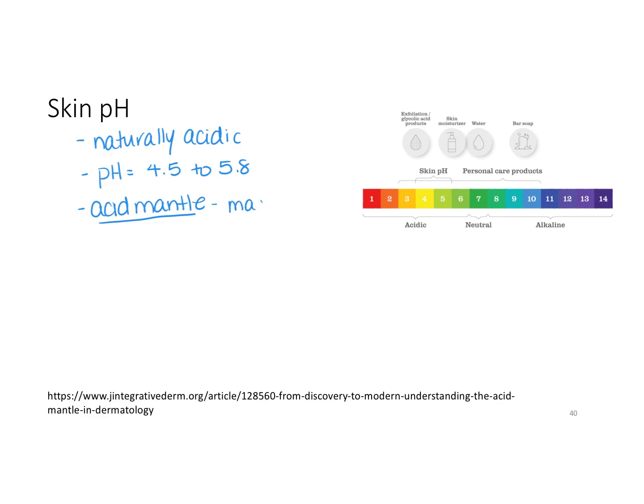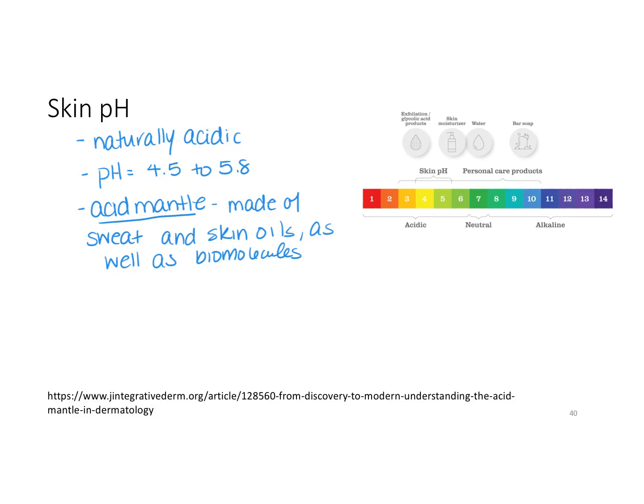It's made of sweat, right? And skin oils like sebum that we talked about earlier, right? As well as some biomolecules. Things like cholesterol, ceramides, enzymes, all of those things are part of that acid mantle.